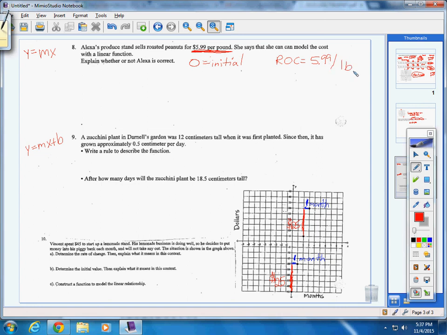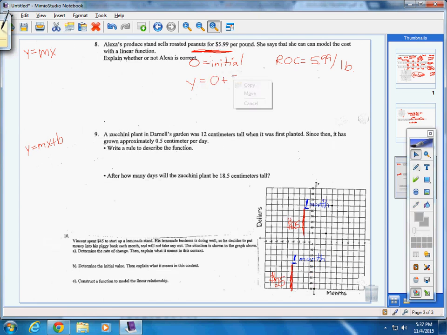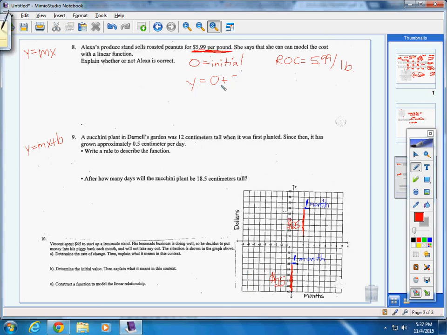Sorry, my writing's not great on here. So if we go to our regular template, which is very similar to y equals mx, it would be something like this. y equals 0, because that's our initial value, plus $5.99 x.